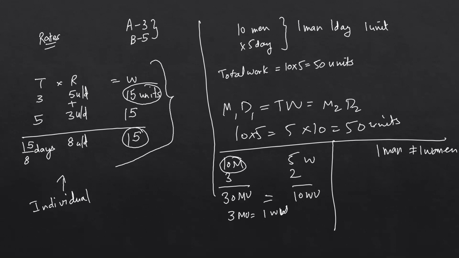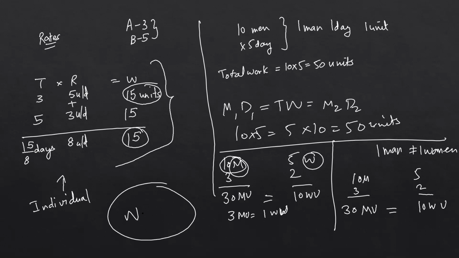Don't make the assumption that one man is equal to 1 woman, because that is why they've been given differently in the question. So if 10 men can finish the job in 3 days, that means the total work is of 30 man units. And if 5 women can do the job in 2 days, that means the total job is of 10 women units. And they're equal because the work is the same. Everything will revolve around the work being the same.